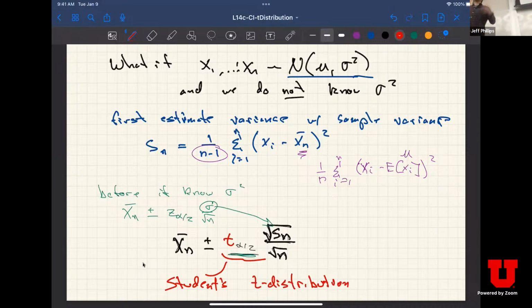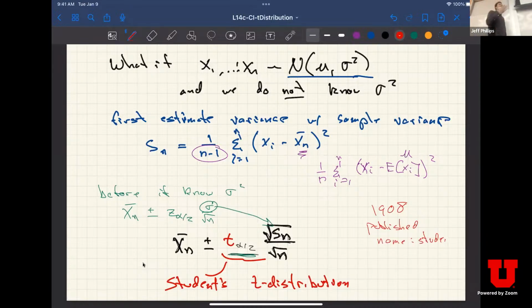So has anyone heard of Student's t distribution before? Do you know who Student is? The story about this is that it was published in a journal in 1908 under the name Student.